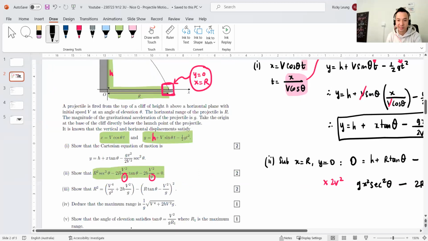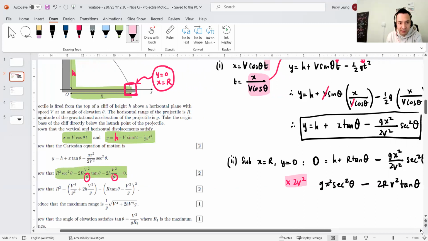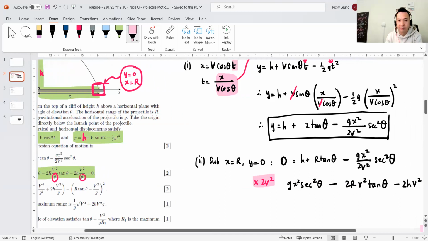All right, that's just multiplying everything by this guy, and now let's divide everything by g. I think it works. Piece of cake. And then divide everything by g as the next step. So divide that guy by g, you get x squared sec squared.